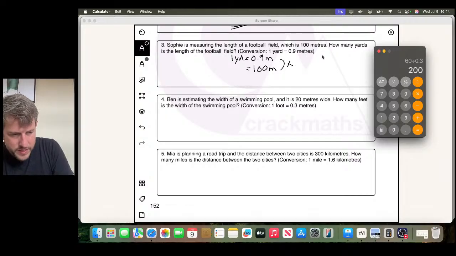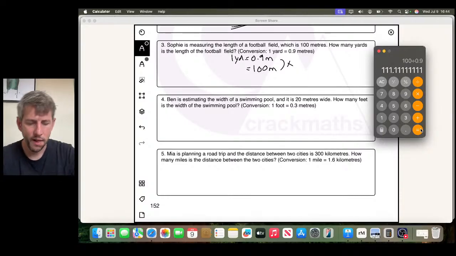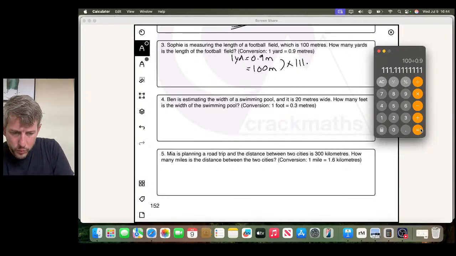So we have to work out what times 0.9 gets us to 100. So we do 100 divided by 0.9, and that's 101.1 because we're sticking to one decimal place. So that'll be 101.1 yards.